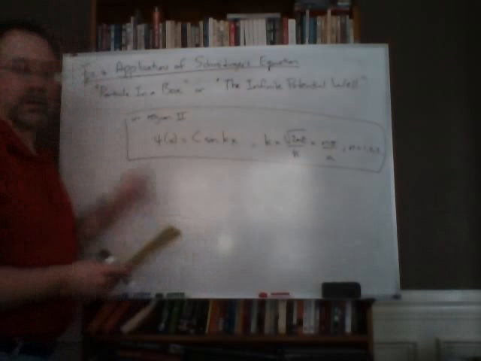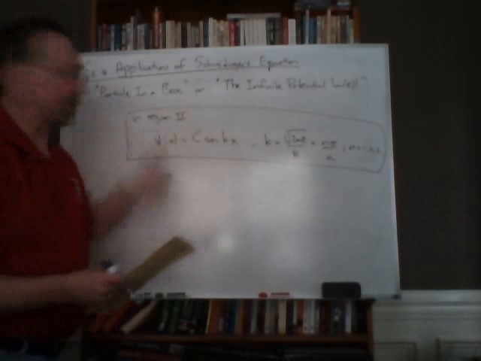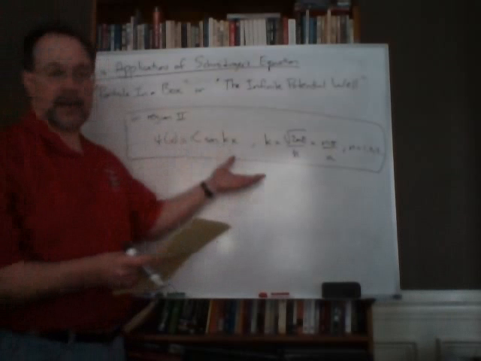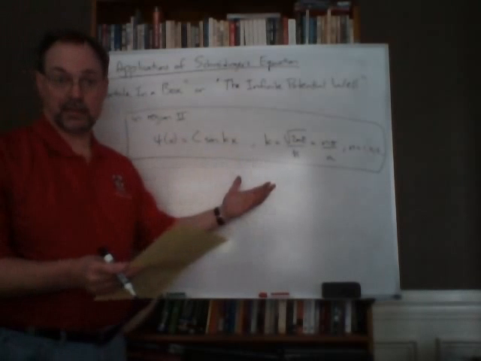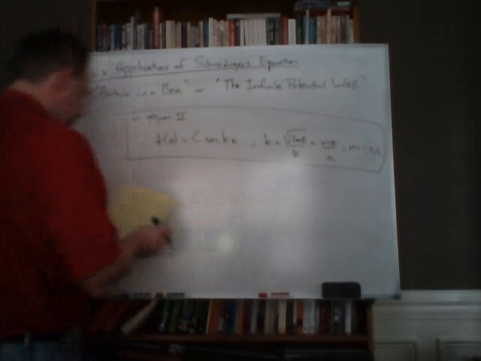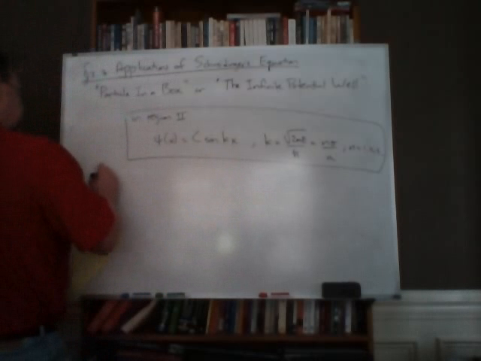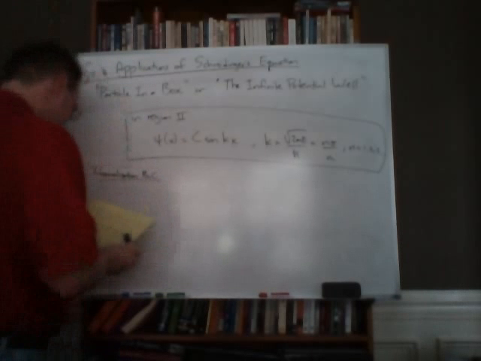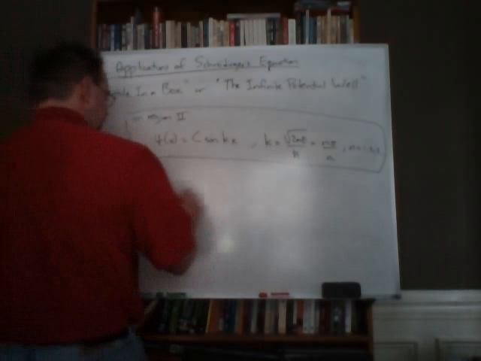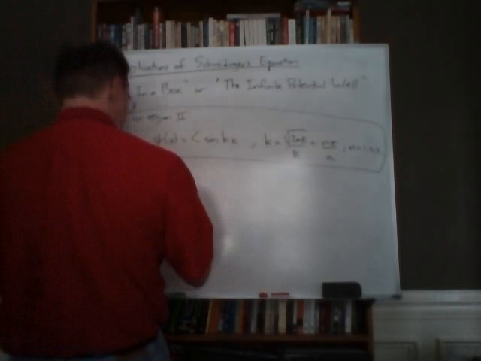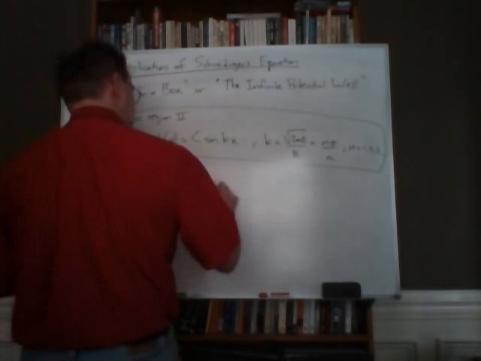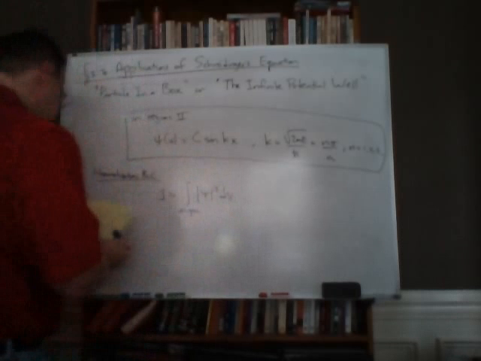C we determine from the normalization requirement, the boundary condition of normalization. Psi is 0 outside the box, so that's going to integrate to 0. So our normalization boundary condition: 1 is equal to the integral over all space of psi squared dV.